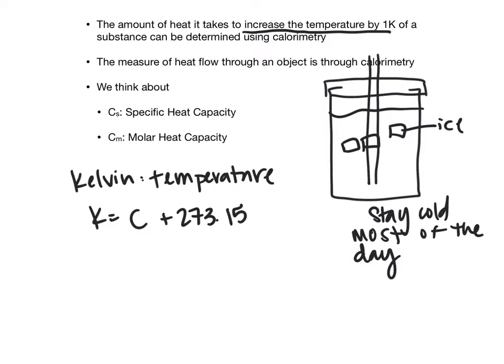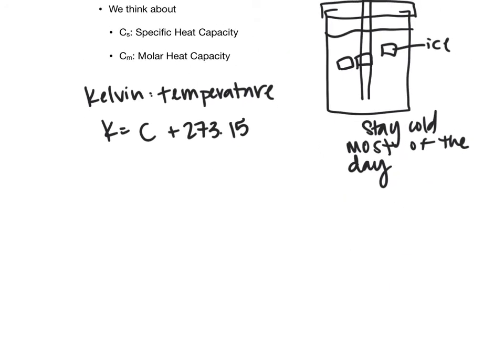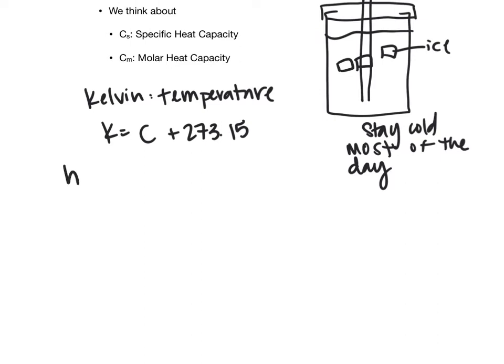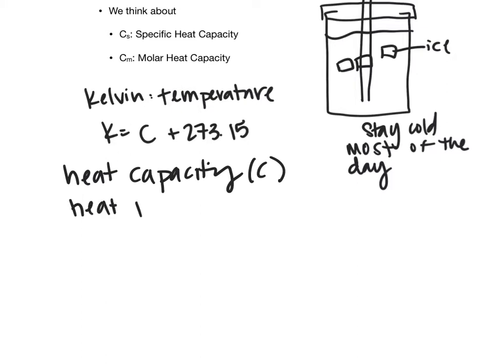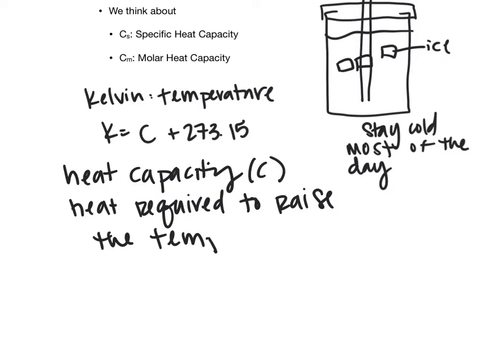And one of the things we're going to think about in order to calculate that is determined by the heat capacity. And so we have both the specific heat capacity and the molar heat capacity. So heat capacity is just a general term for C, the heat required to raise the temperature 1 Kelvin. So that's heat capacity.